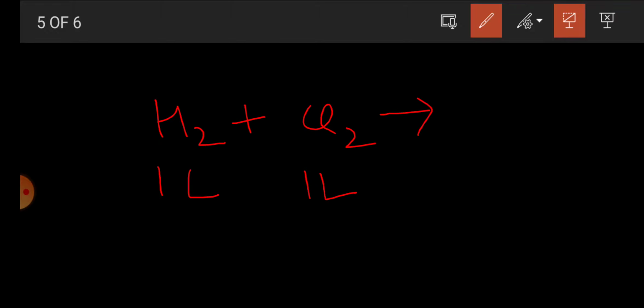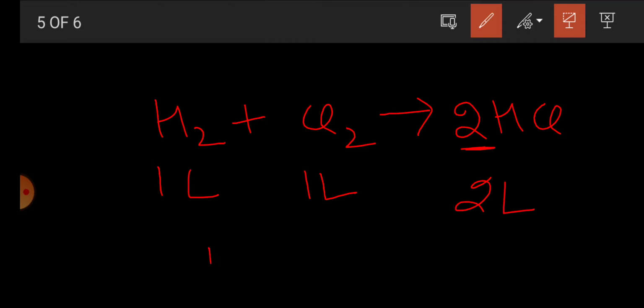For example, if you have taken hydrogen 1 liter and we are taking chlorine 1 liter, there will be HCl formation. After balancing, you have to balance it first, so there should be 2 liters.